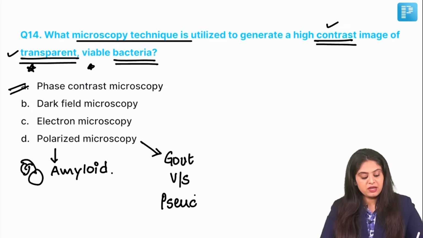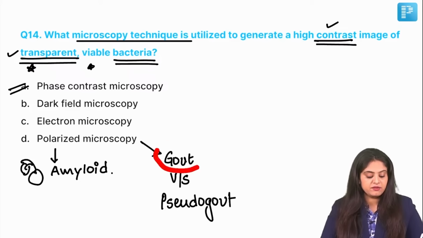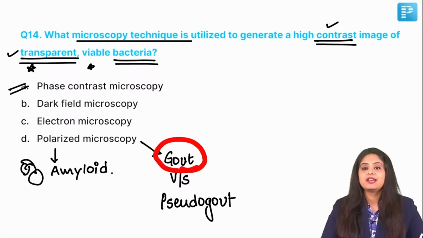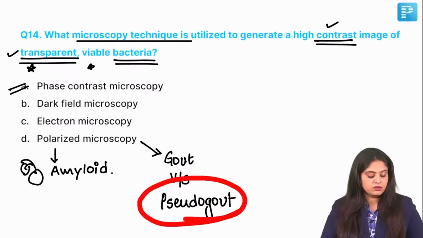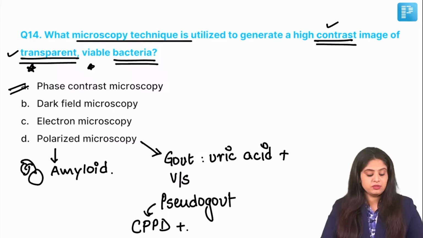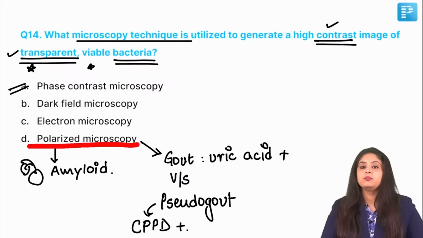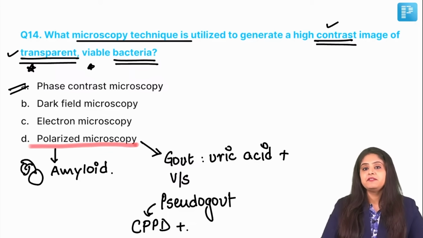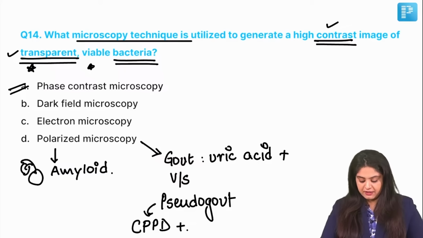So now I want to ask you, I mean, this is very basic. You're going for INI-CET. No one will ask you that gout shows uric acid increase and pseudo gout. So we'll write it. Gout shows you uric acid crystals, which are going to be more, of course, and pseudo gout shows you CPPD crystals. But now I want to ask you that on polarizing microscopy, which is negatively birefringent and which is positively birefringent.